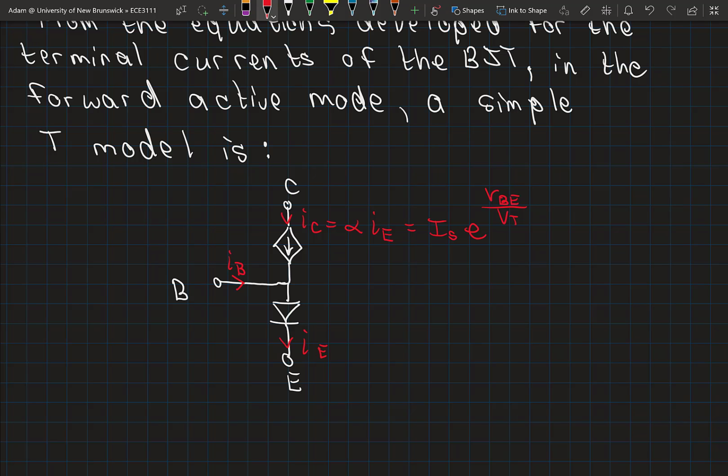But we also said that it's related to the base current through the common emitter current gain.